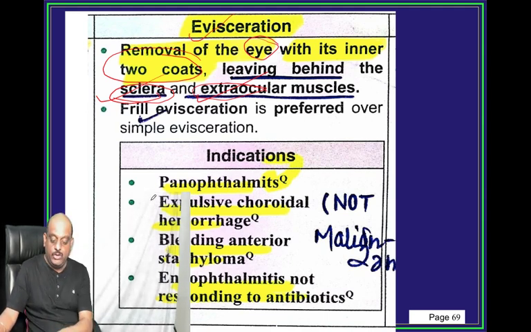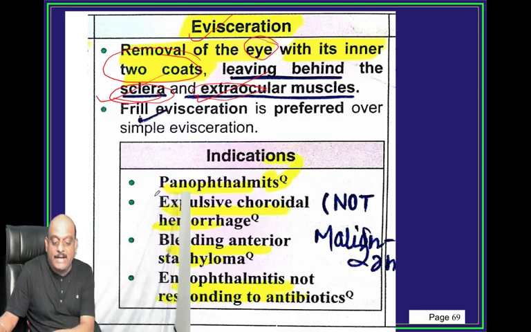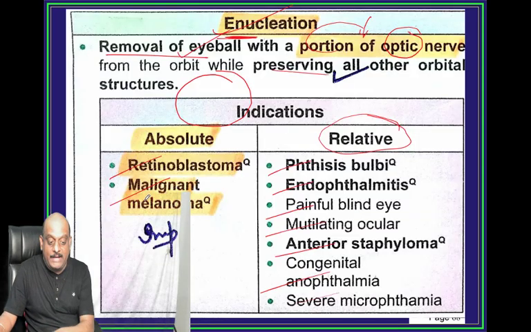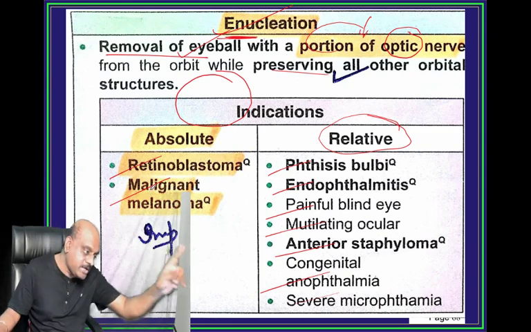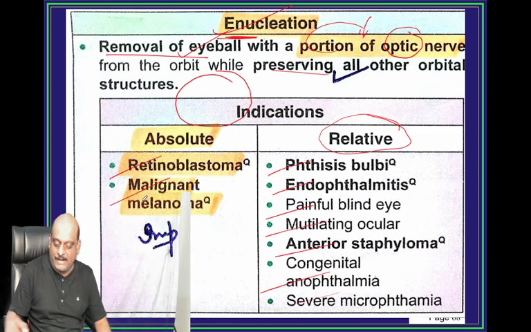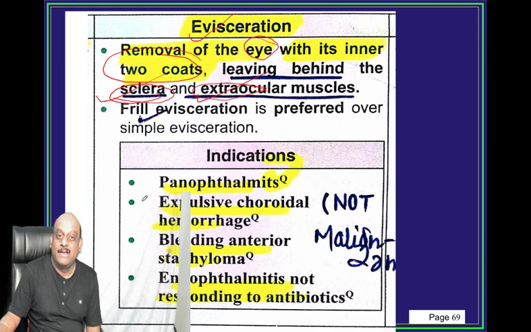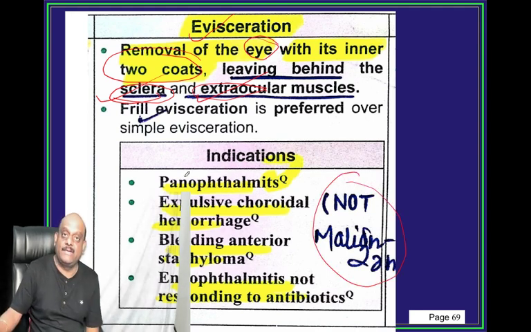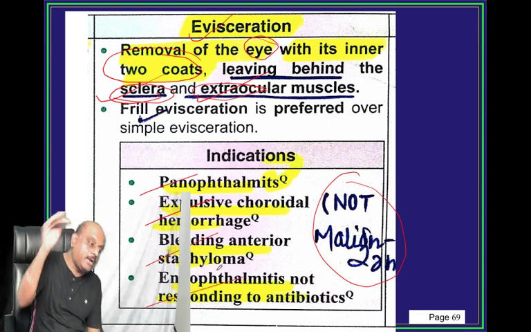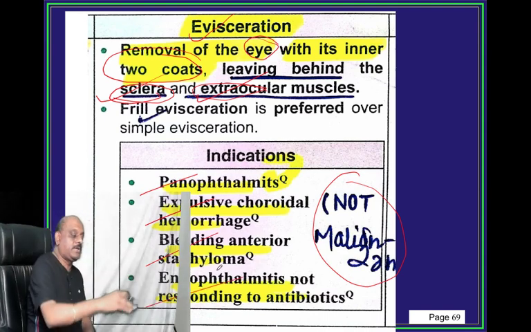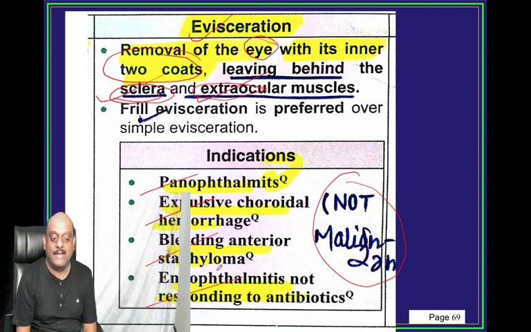Now, you don't do evisceration in malignant conditions. Malignant conditions need enucleation, the nucleus has to be removed. Whereas in evisceration you don't remove malignant things. So panophthalmitis, expulsive choroidal hemorrhage, bleeding anterior staphyloma, endophthalmitis not responding to antibiotics. That is evisceration.